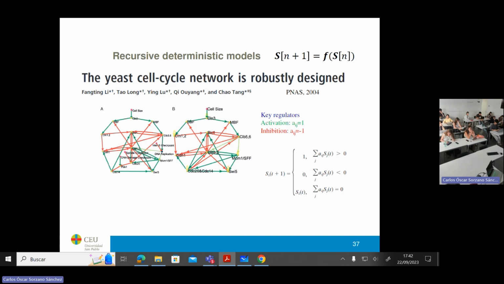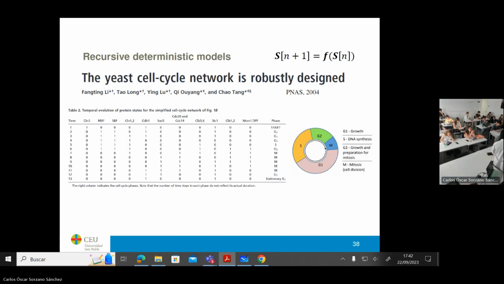So this sum is either positive or negative, and it is extremely simple to calculate. If it is 0, it stays as it is. If it is negative, you will be inhibited. If it is positive, you will be activated. And then you let it evolve.